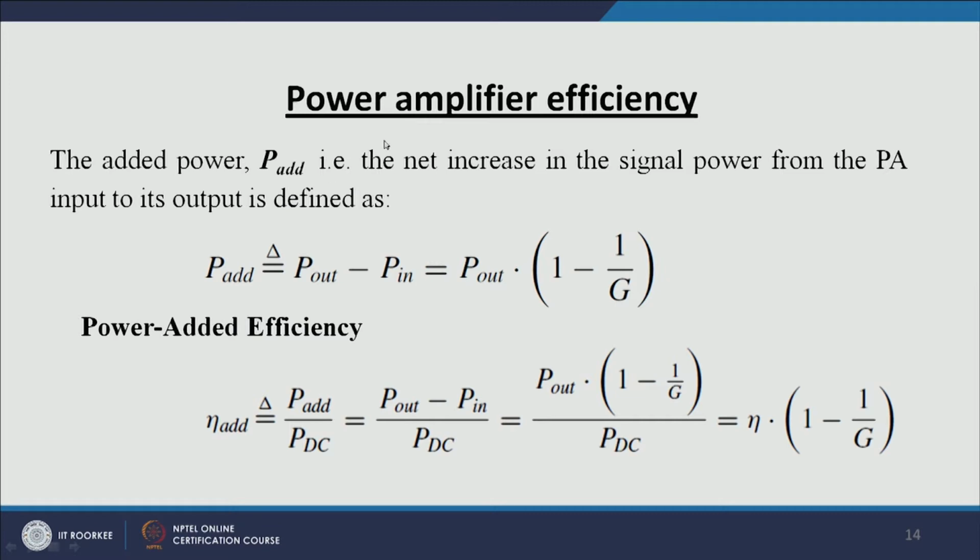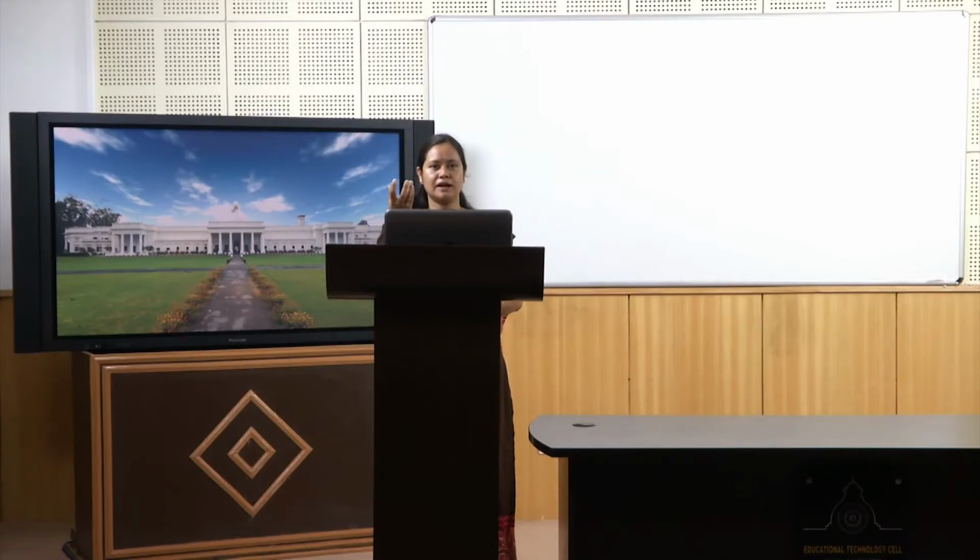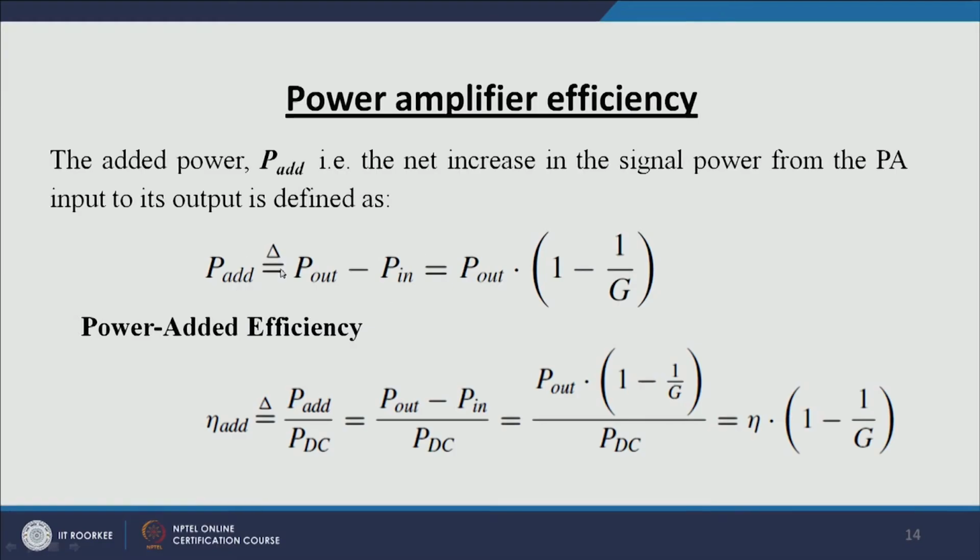When we say added power, it means we subtract the input power from the output power, which gives the net power, not the gain actually, but the difference between the absolute powers achieved. When we give our efficiency with respect to this added power, it is called power added efficiency.